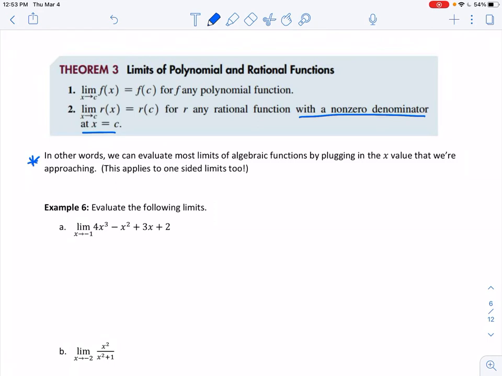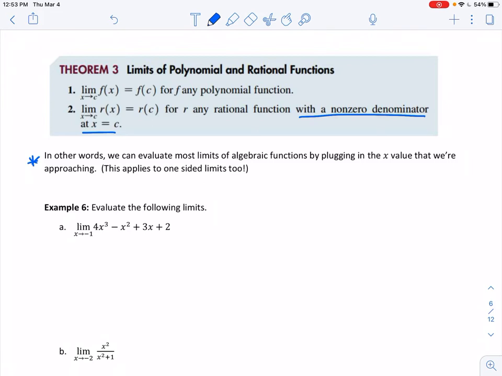Now, if we end up with things like a 0 in the denominator or a negative under a square root, then we've got some problems. In that case, it's not going to work. We might want to look at the graph or use a different method. But for most cases, as long as we don't end up dividing by 0 or with a negative inside of a square root, we should be good to go.